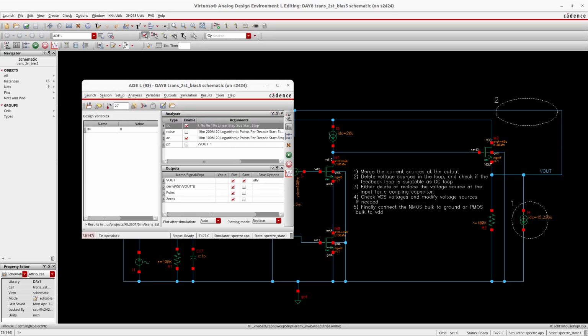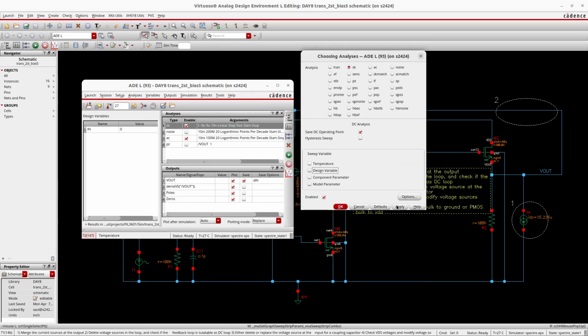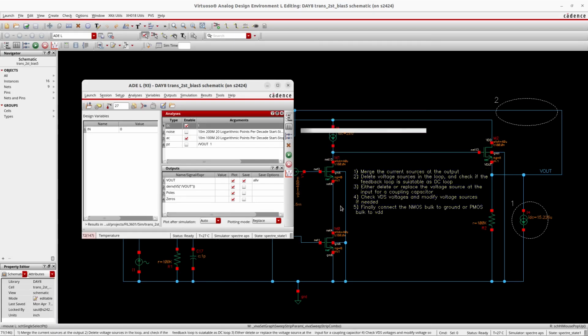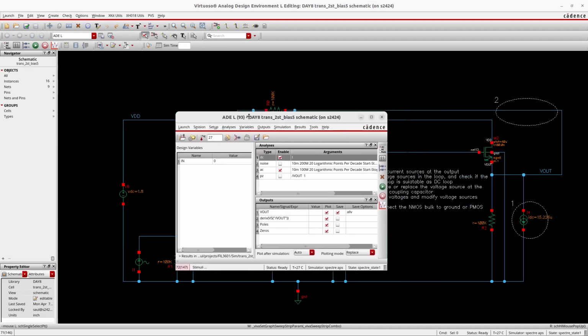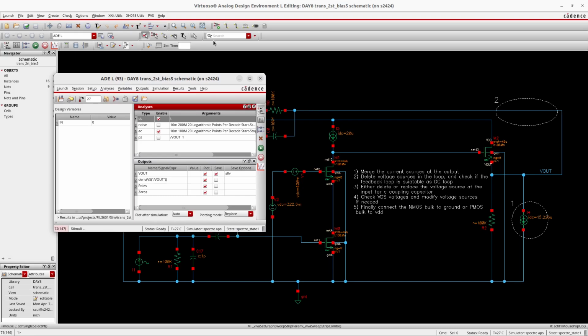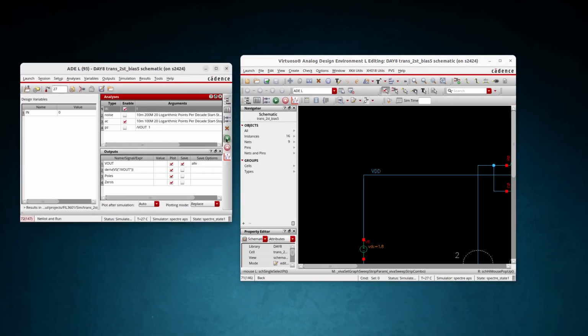We deactivate the static gain sweep, because we have just broken the feedback at the input, so it doesn't make sense to run a DC sweep at the input anymore. And okay, so let's just run it.